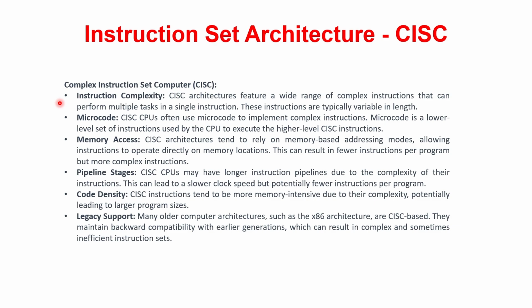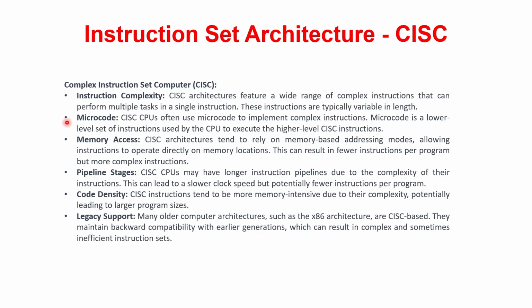These instructions are typically variable in length, meaning different instructions can occupy a different number of bytes. Second is microcode. CISC CPUs often use microcode to implement complex instructions. Microcode is a lower-level set of instructions built into the processor that breaks down each complex instruction into simpler steps that hardware can execute.